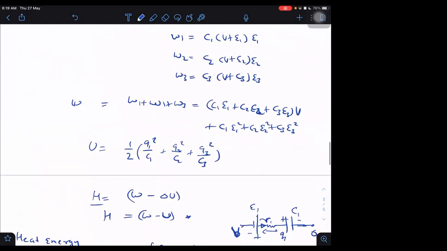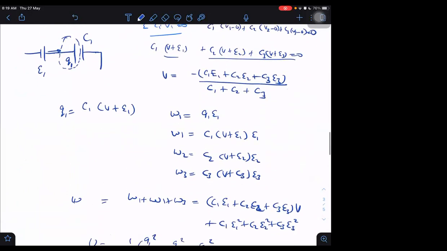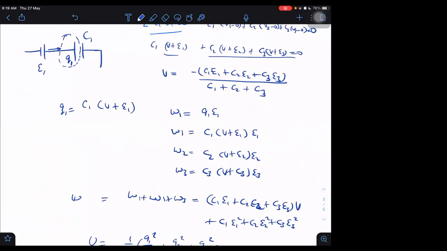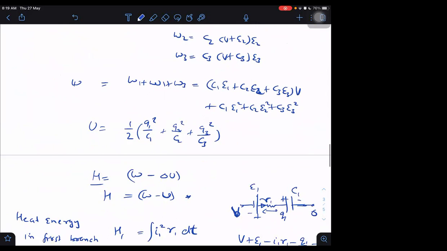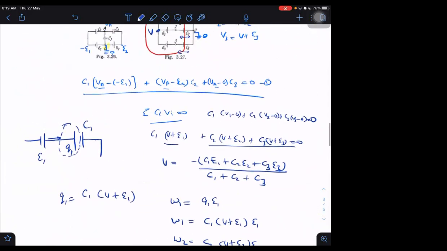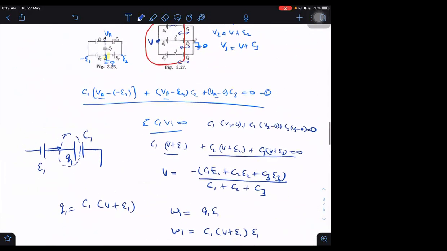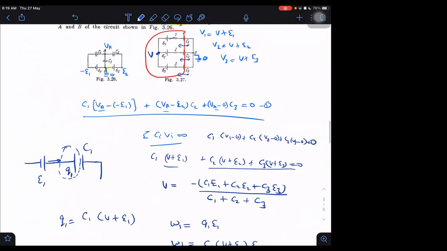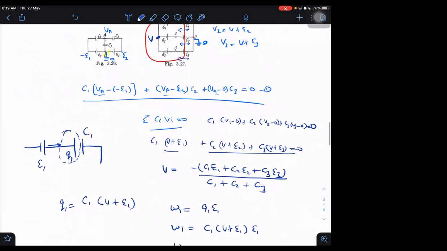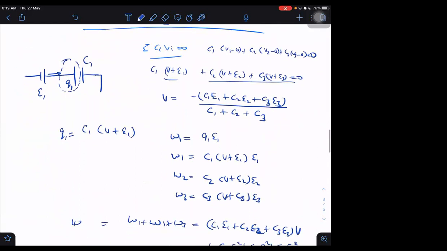What was V coming out to be? Let us check once. We were assuming minus C1 E1 plus C2 E2 plus C3 E3 by C1 plus C2 plus C3, and we were getting that at last. We can't determine V in the intermediate situation when the current is still flowing.